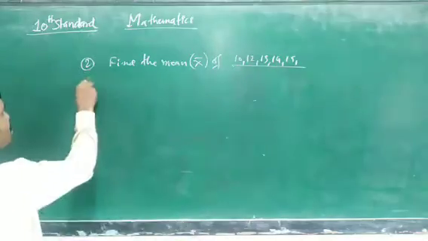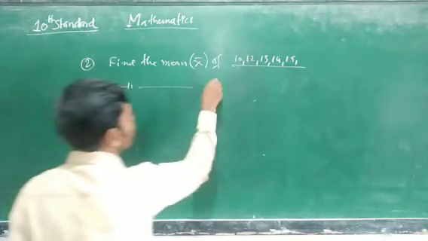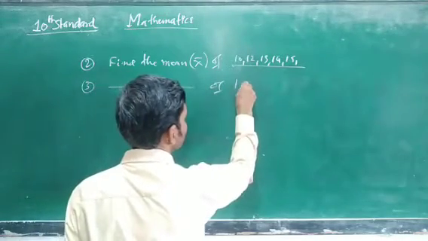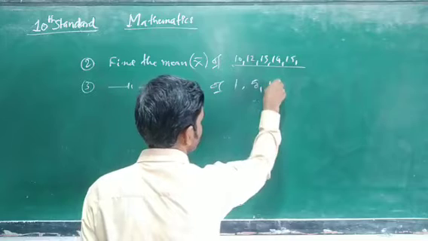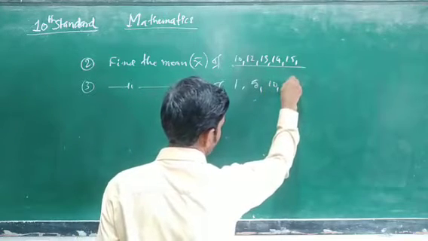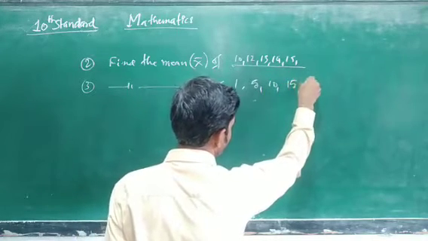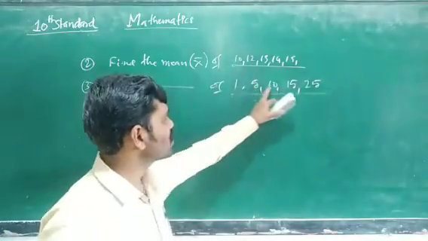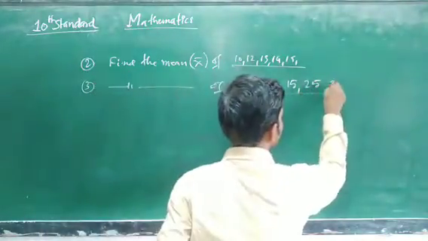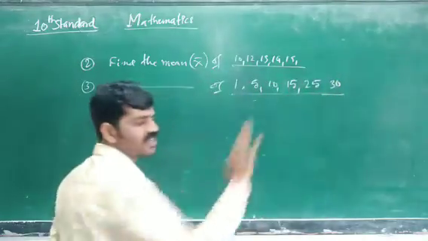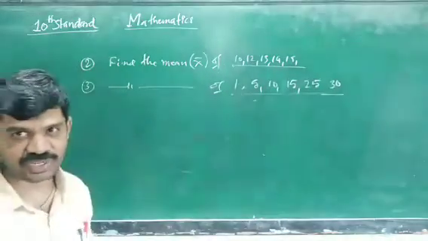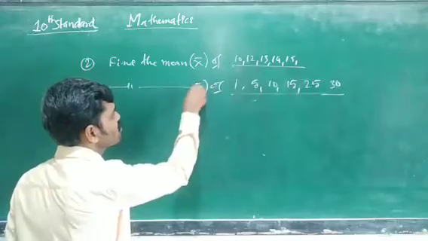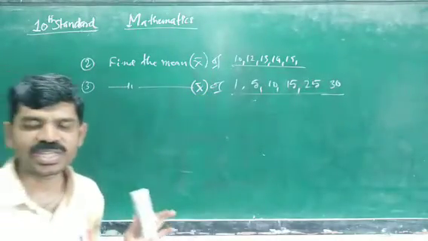Third problem, find out the mean of 1, 5, 10, 15, 25. So find out the mean of these two. This is homework for you. Find it out.